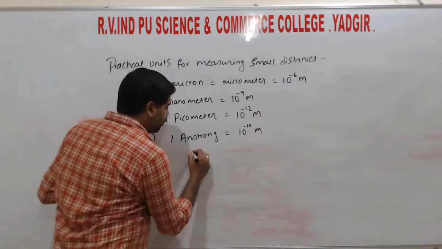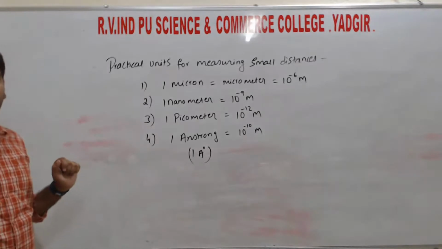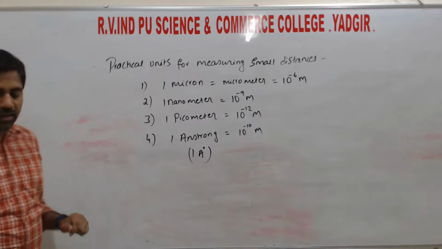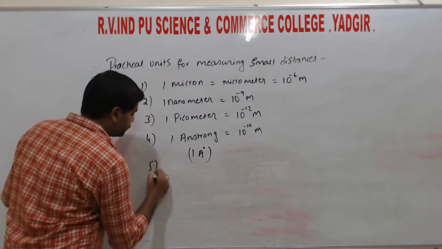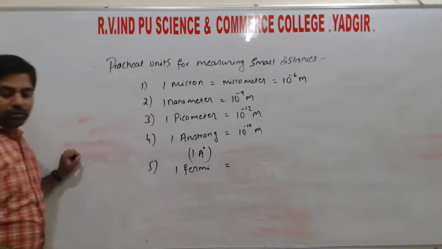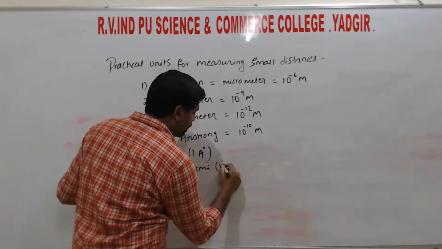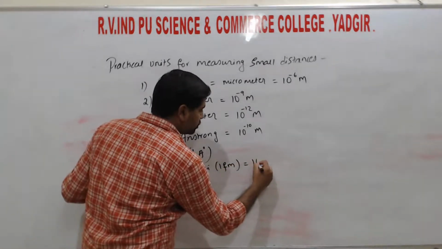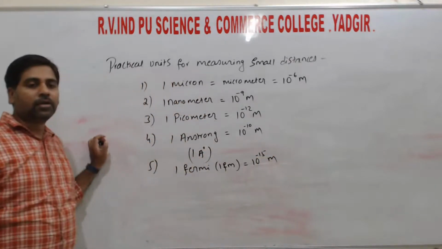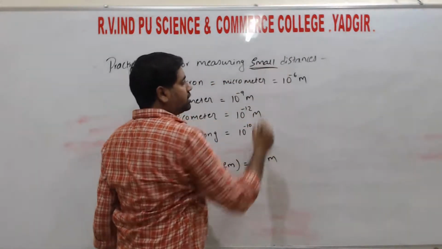It is denoted by 1 A with a circle, equal to 10 to the power of minus 10 meter. Next, 1 Fermi, the symbol is 1 fm, equal to 10 to the power of minus 15 meter. So these are all the practical units for measuring small distances.